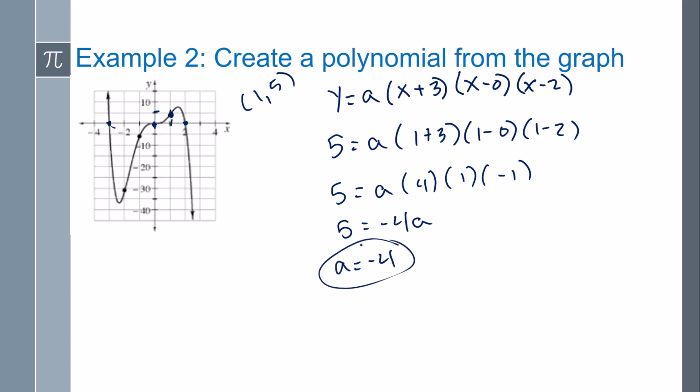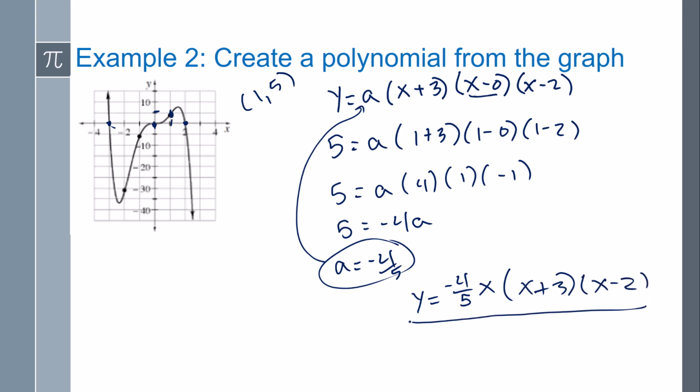There's my a. So now I just need to plug that into that original equation. So y equals negative 5 over 4. Now x minus 0 is x times x plus 3 times x minus 2. There's my polynomial.